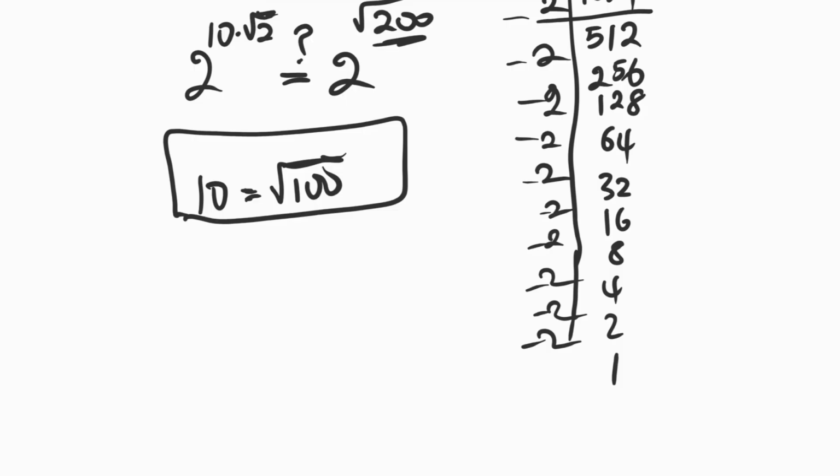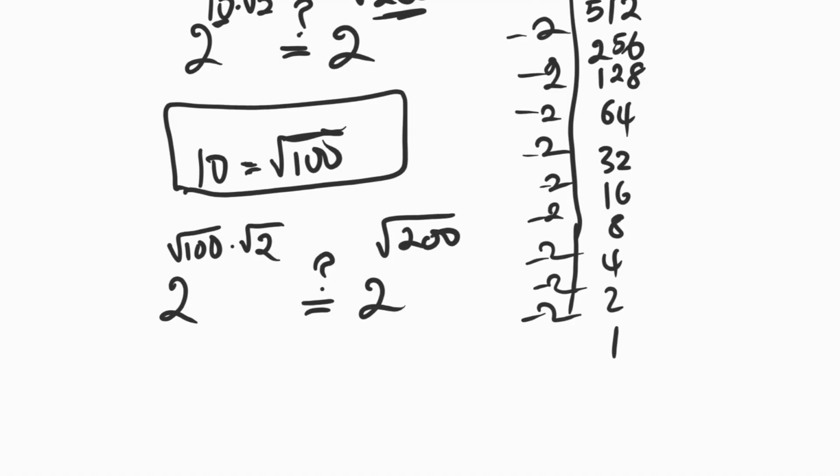That's our 10, because we're trying to achieve root of 200, right? So let's rewrite 10 to become the square root of 100 dot square root of 2, if that's equal to 2 raised to the power the root of 200.